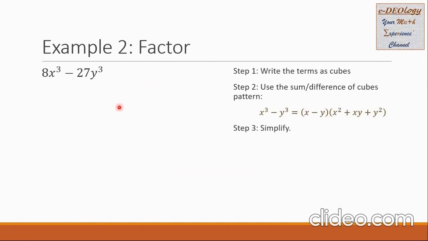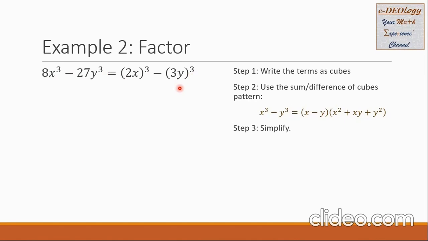Let's have example 2. Factor 8x cubed minus 27y cubed. Let us first write the terms as cubes. The 8x cubed is now the cube of 2x, and then minus the 27y cubed is now the cube of 3y.